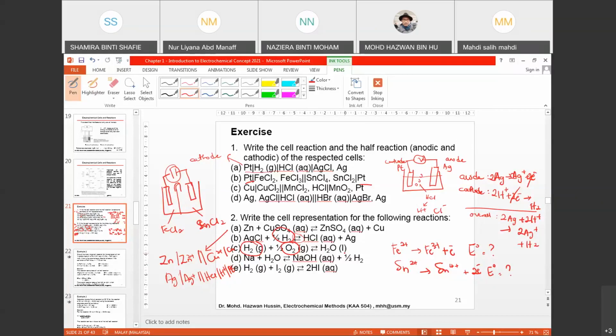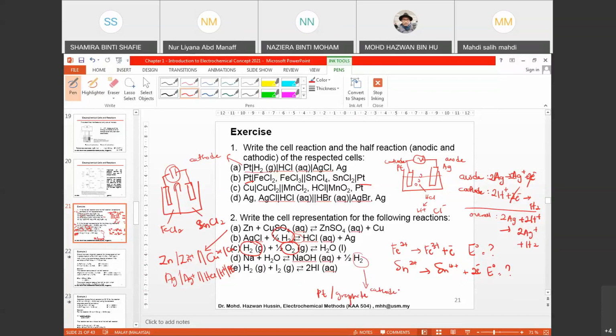But things that you need to remember: if you have any gas formation, then you should use either platinum or graphite as the electrode. And you can also take note that if the product is hydrogen, then this will always be the cathode.